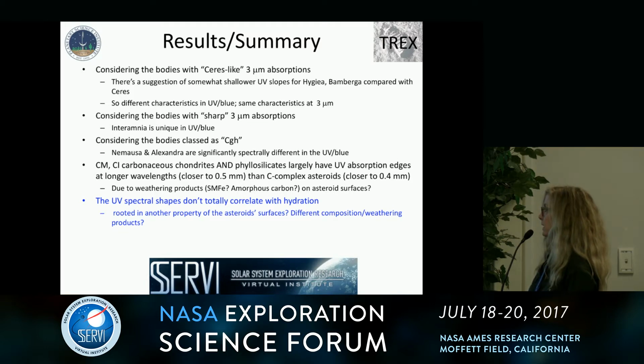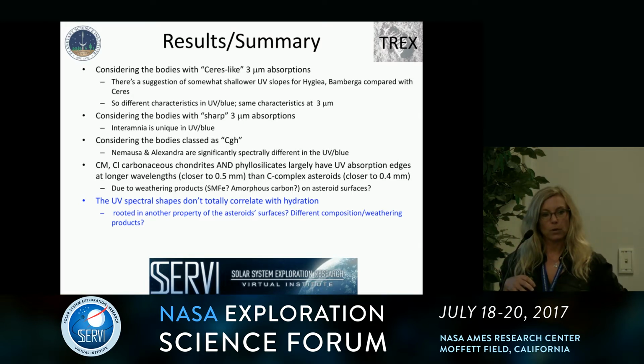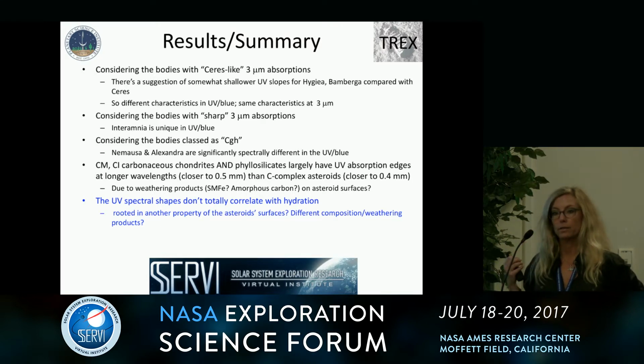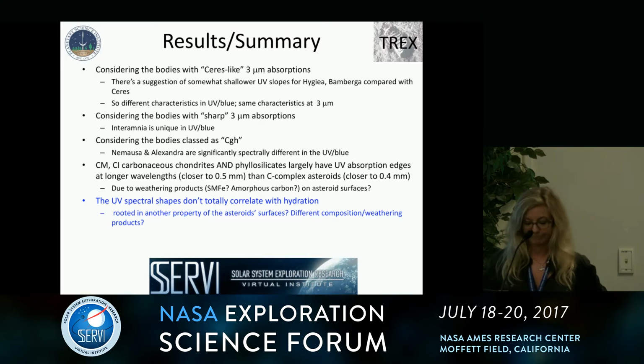And so we think that the spectral shapes are rooted in some other property of the asteroid surfaces, composition or weathering. We are working on this as part of our new survey program, which is called TREX, and we'll be making some lab measurements that will hopefully support this work and help us understand what's going on with these asteroids. So, thank you.